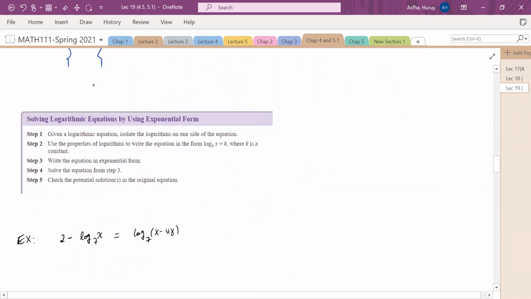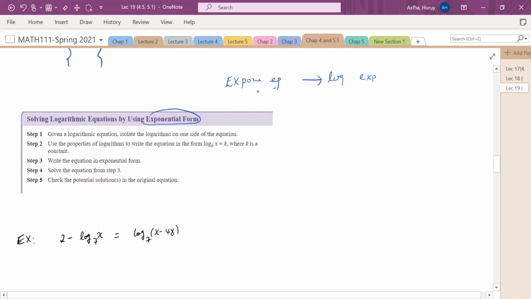Okay, and another way of solving a logarithmic equation is, again, by using exponential form. If you notice, to solve an exponential equation, one of the techniques was to convert it to a logarithmic expression.